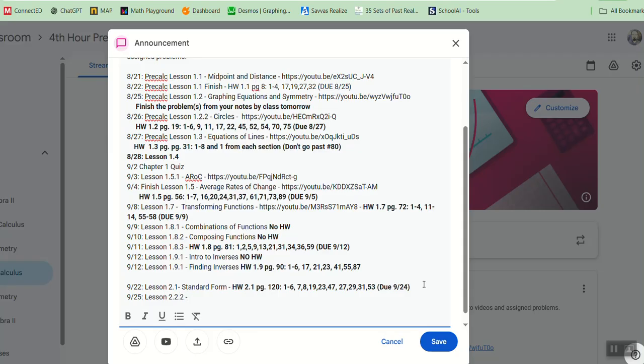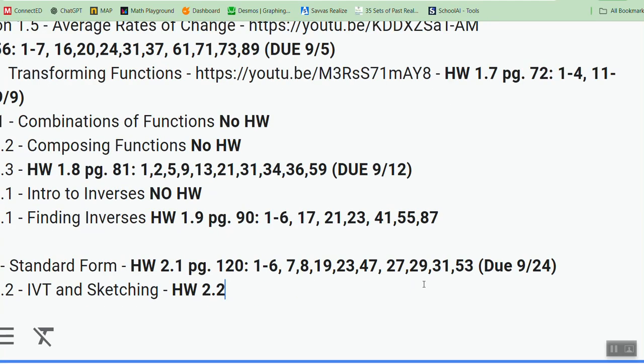Okay, 2.2.2. We just did IVT and sketching. You guys get homework 2.2, which you will find waiting lovingly for you. This says 2.2.1. Do we have more 2.2? Nope. Homework 2.2, weird, you will find on page 133.